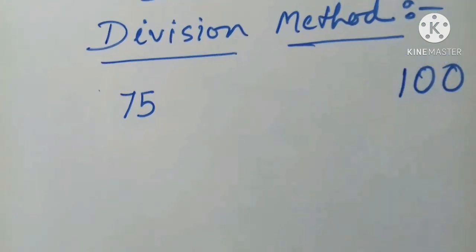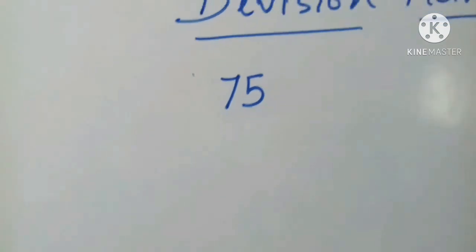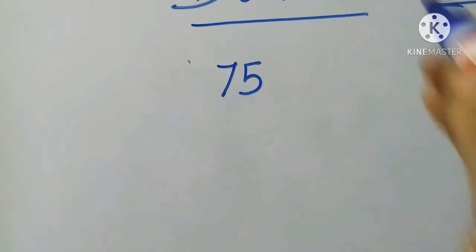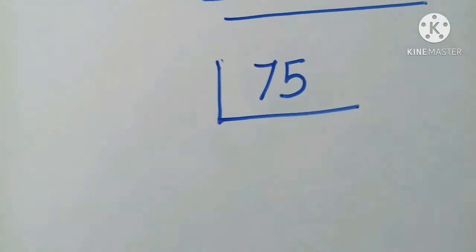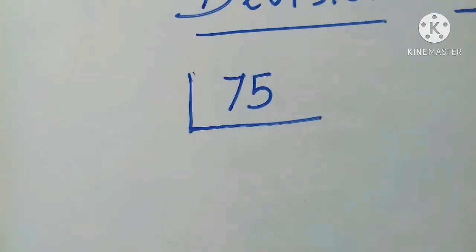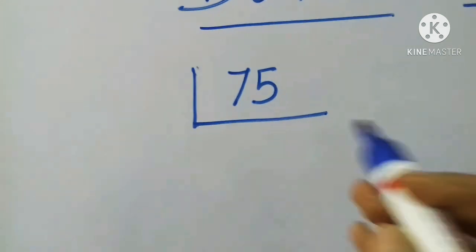Here I took two numbers, 75 and 100. I am going to discuss how to do factorization and prime factorization with the division method. First I have to divide like this, and I have to search which number I can divide by. Means 75 is divisible by which number? I have to take the smallest number.